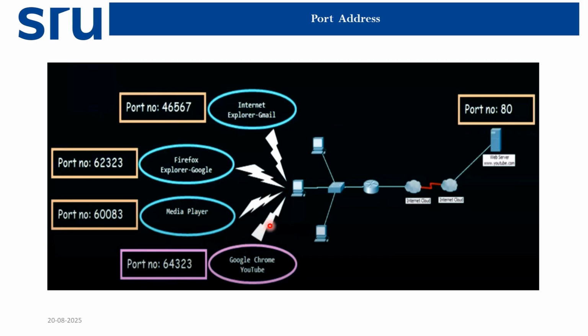When this process sends data to the internet, the computer puts the source port number and destination port number. Whenever it matches this destination port number, it gives the video data in the Google Chrome browser. So with the help of the port number, it is done. So this is about the logical address and physical address. Next, port address.